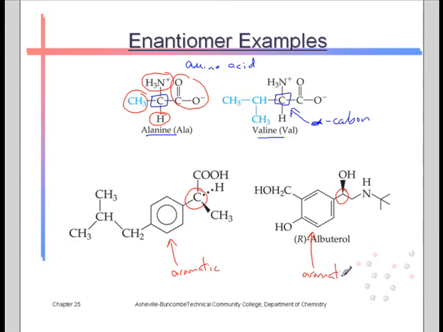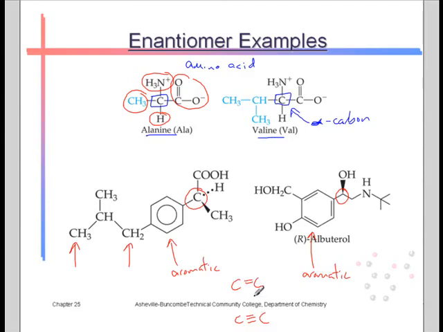Notice that there are 2 different ways to indicate the aromatic ring: alternating double and single bonds on a 6-membered ring, or you have this ring in the middle. That's something to ignore. CH2 and CH3 groups you can ignore, and any kind of double bond or triple bond is not going to be a stereocenter.